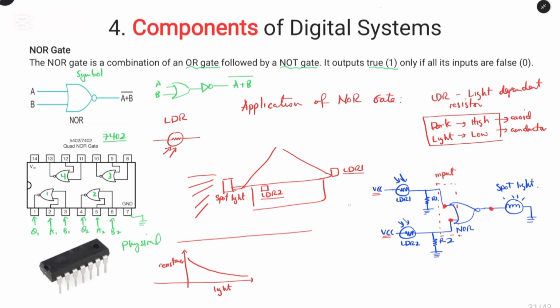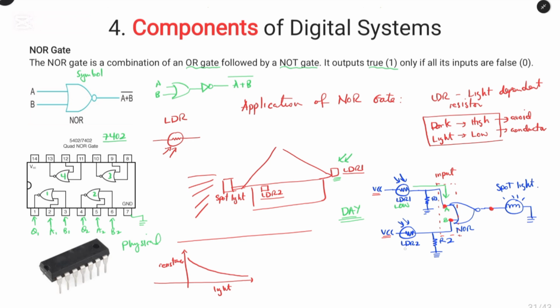Now we can look at the daytime. During the day, there will be light on the LDR1. That means this resistance will be less. So there will be current flowing through input A, and this can be input B. During the day, this will have a low resistance. Whether there is light inside the room or not does not matter.